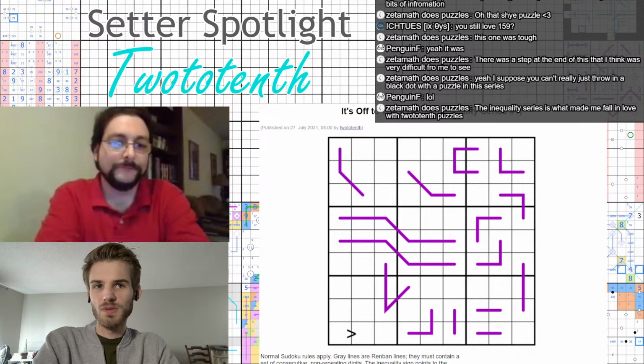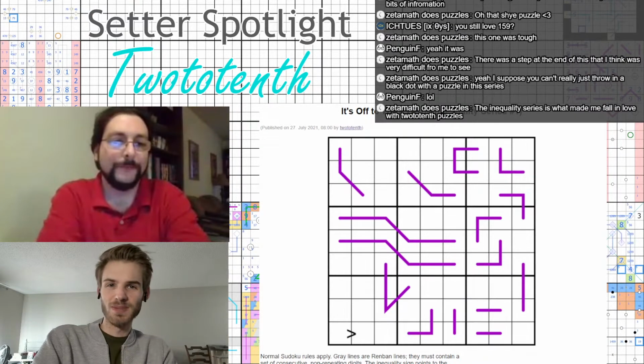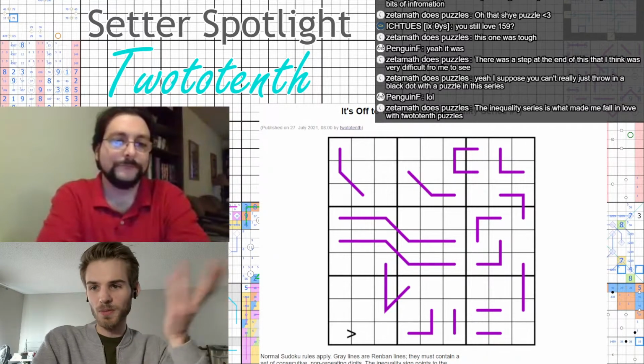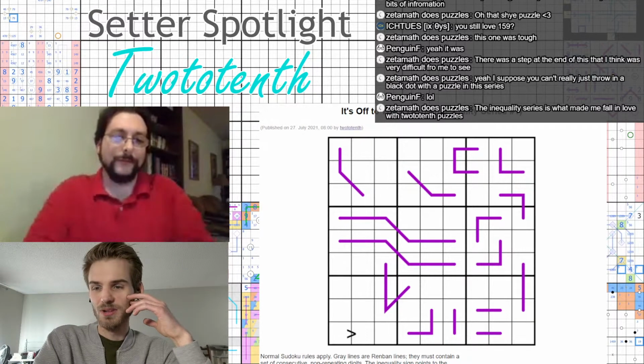So before you even start one of these, either the 159 or the inequality ones, do you already understand in your head how you're going to disambiguate it at the end, like the whole 5 thing? You need to figure out which 5 is greater than the parity. The inequality goes last, definitely.